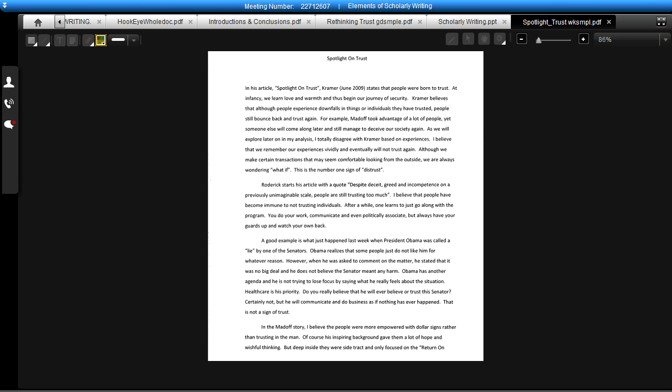Obama realizes that some people just do not like him for whatever reason. However, when he was asked to comment on the matter, he stated that it was no big deal, and he does not believe the senator meant any harm. Obama has another agenda, and he is not trying to lose focus by saying what he really feels about the situation. Healthcare is his priority. Do you believe that he will ever believe or trust this senator? Certainly not. But he will communicate and do business as if nothing has ever happened. That is not a sign of trust.